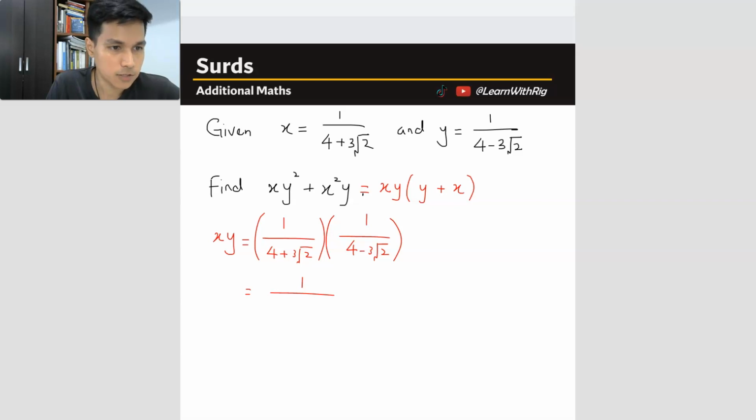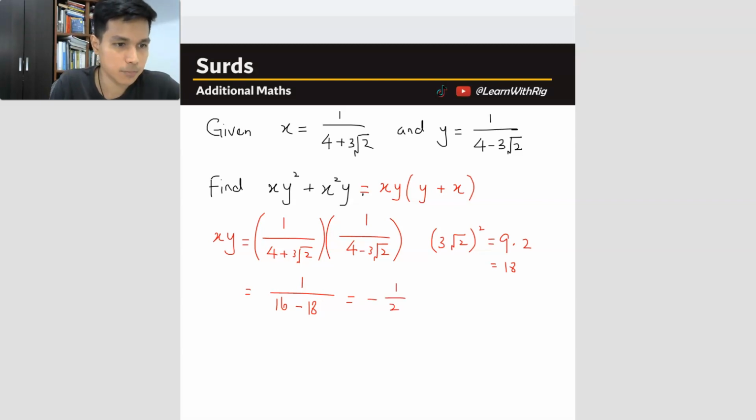So 4 squared is 16 minus this one, what do you get? 3 surd 2, when you square it, the 3 you get 9, and the surd 2 you get 2. So 9 times 2, 18. So 16 minus 18. So your answer here is negative 1 over 2. Okay, so this is the first part.